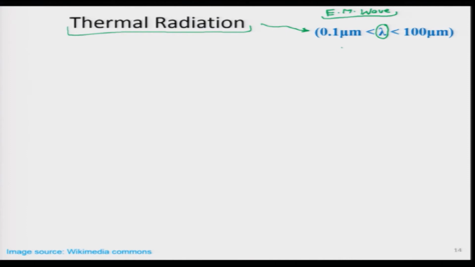And just to give a comparison over here, maybe I will write over here that the visible spectrum is somewhere between 0.4 micron to 0.7 micron. So, we can see the thermal radiation spectrum actually covers the visible spectrum as well.